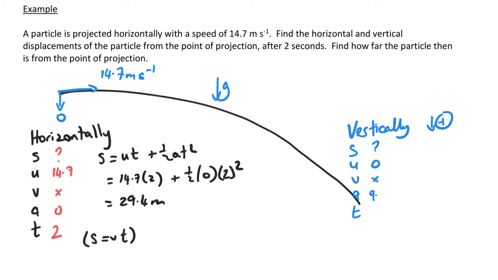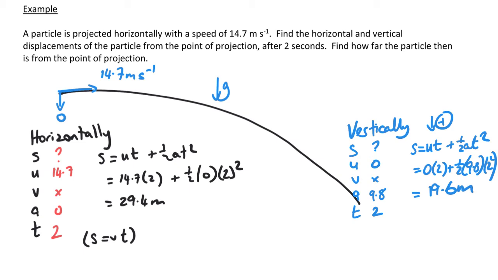The acceleration is 9.8 or g, and the time taken is 2. So again, we're going to use s equals ut plus a half at squared. So that's 0 times 2 plus a half of 9.8 times 2 squared. And that gives us 19.6 meters.